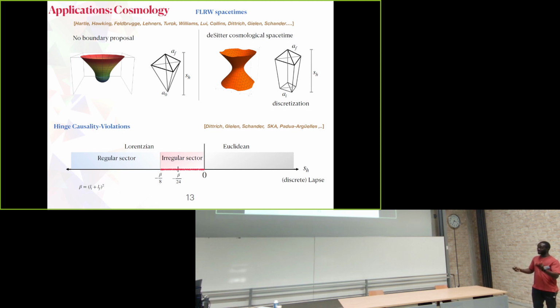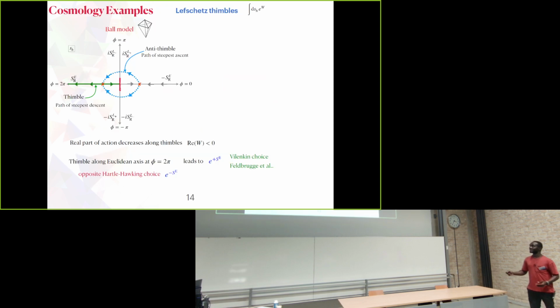The question is, do these irregular configurations affect the computation of the path integral or not? In the first example, the ball model, I still have here the complex plane. It turns out that you can compute the Lefschetz thimble, and the Lefschetz thimble is this green line.